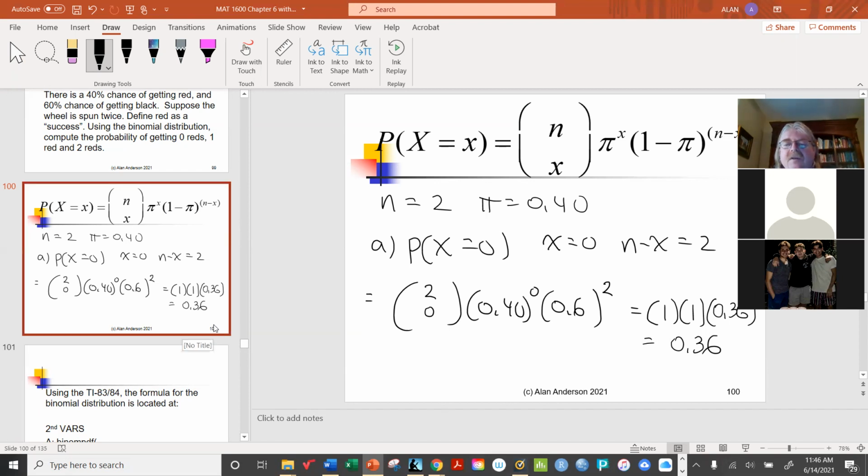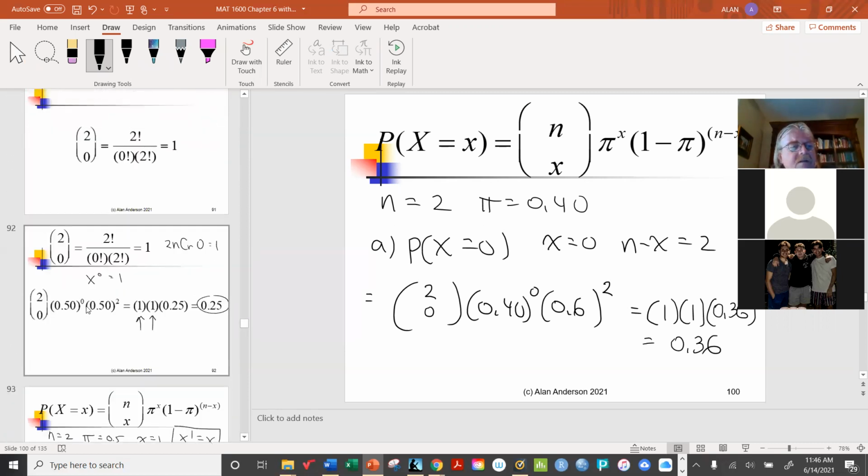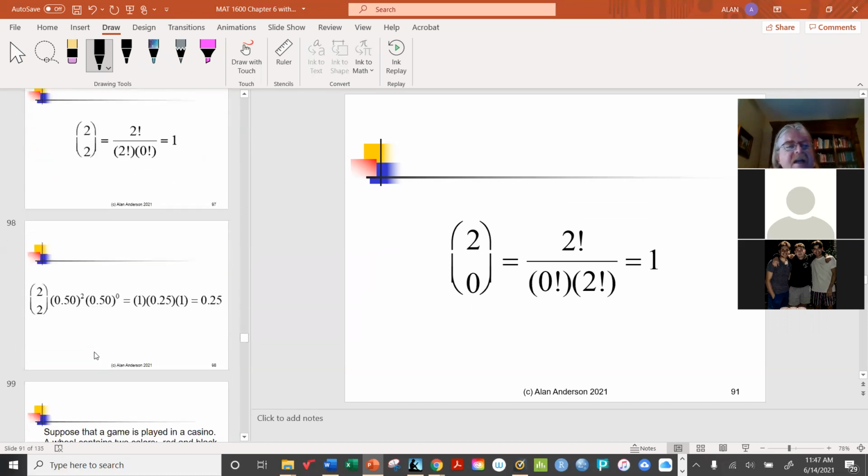All right, then we'll do the same thing for x equals 1. Make sure you got the right answer, by the way. And while we're at it, let me go grab that formula for the combinations, as long as it's here, just so there's no doubt in your mind what just happened.